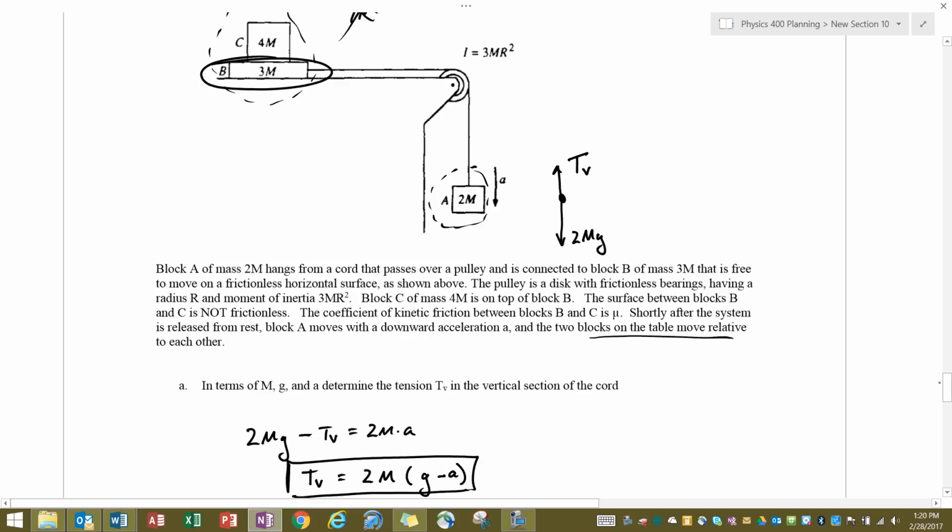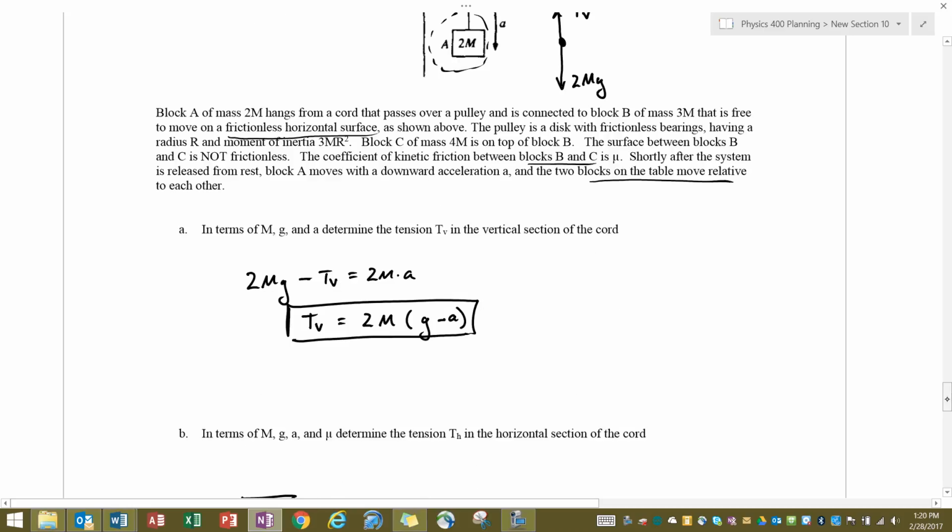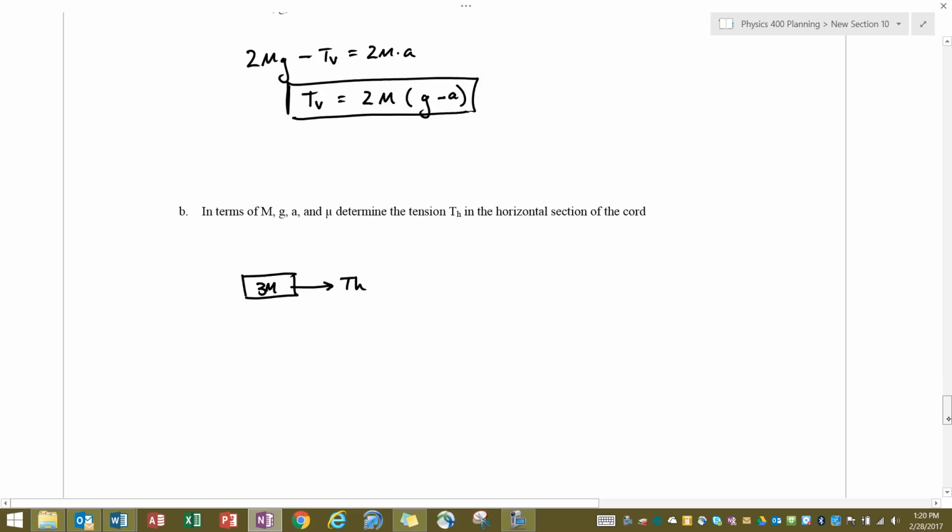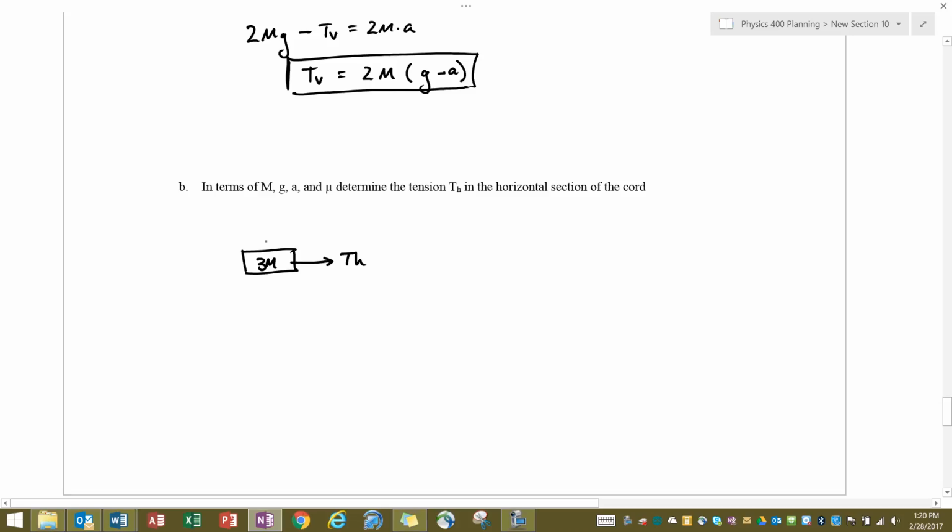It says there is friction between blocks B and C, but the table, I think it is frictionless. Block C, surface coefficient. That's horizontal surface, sorry. So there is no friction on the 3m mass by the table.